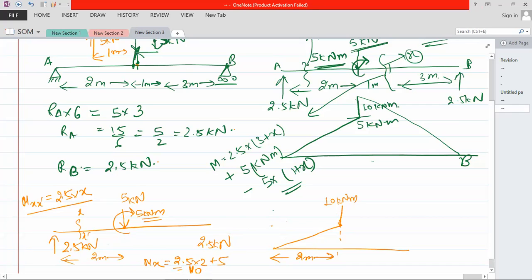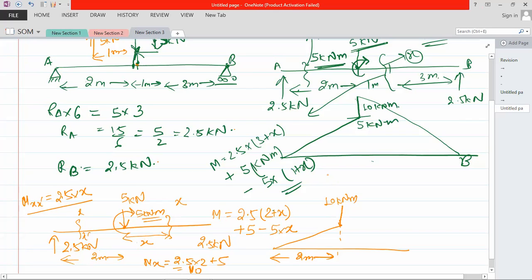And after that, if you take any other position, suppose x from here, M is equal to 2.5 into (2 plus x), plus 5 for the couple, minus 5 into x.